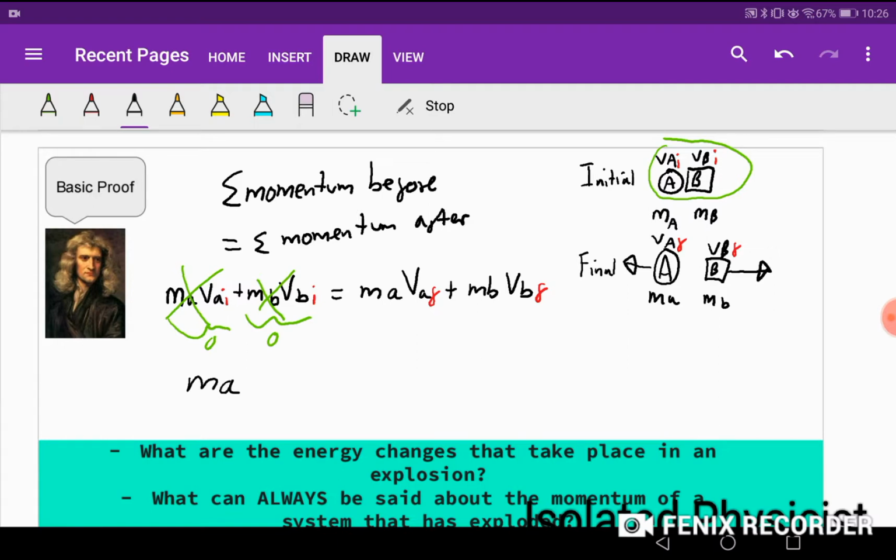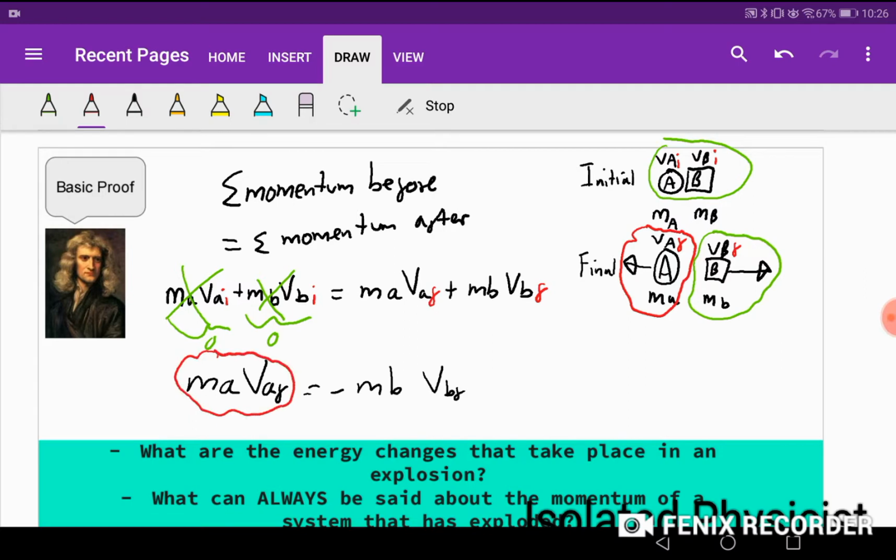Which means that we have MAVAF must equal minus MBVBF, which essentially means that the momentum of this one here must be equal and opposite to this one here, because the momentum of the A shape is the mass of the A shape times the final velocity of the A shape, which is this here, and it must be equal to and just the opposite sign to this one.